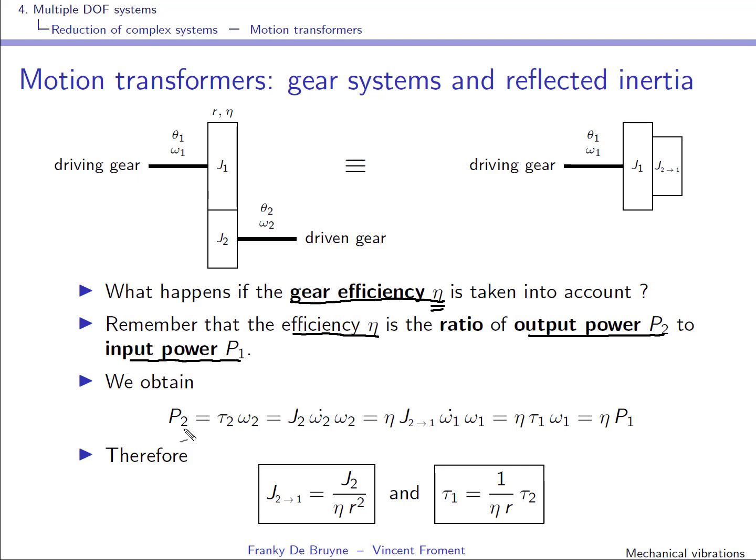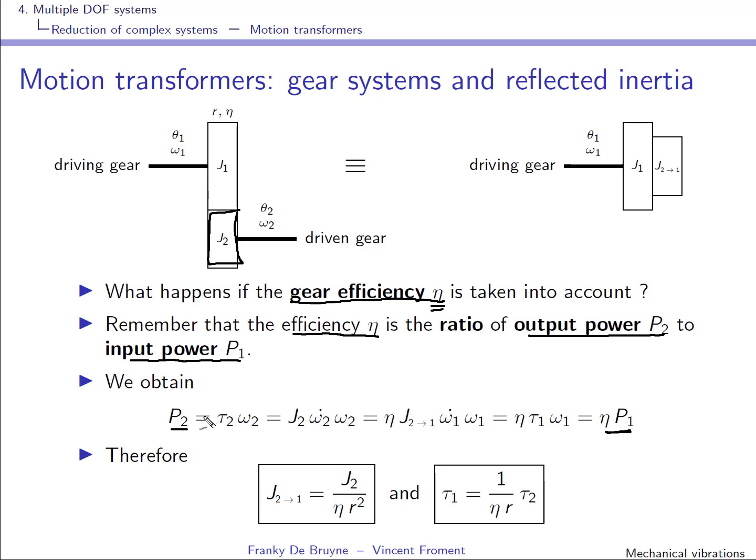So we know that the output power P2 is eta times the input power, and we are going to write that down for our inertia G2, and we're going to reflect it back to the driving gear side.